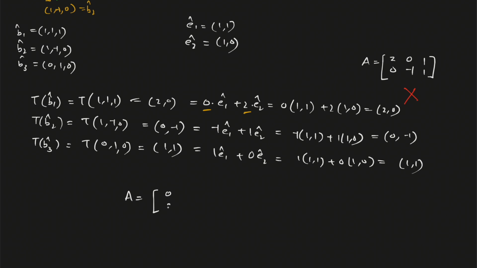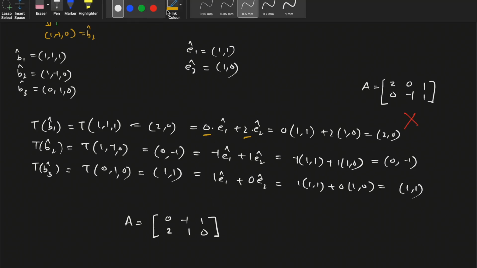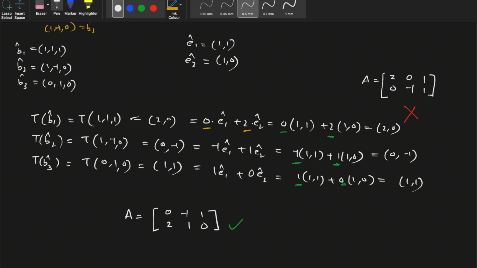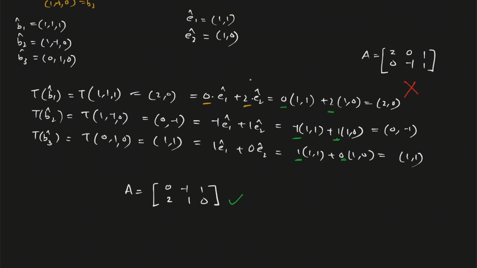Similarly, the second is minus 1 1, and the third is 1 0. So I will highlight this: 0 2 is the first column vector, minus 1 1 is the second column vector, and 1 0 is the third column vector. So yeah, that's all for this question.